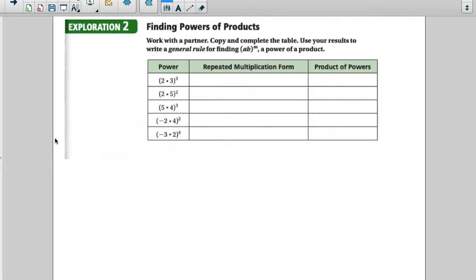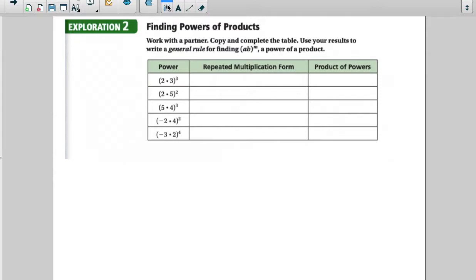Well, in Exploration 2, we are going to have a table again with the same 3 titles. The power part is at the beginning, and we kind of flip-flopped where the products are and where the powers are. So we're going to be showing repeated multiplication of exactly what's in the base, and then we're going to rewrite them as products of powers and come up with a rule.